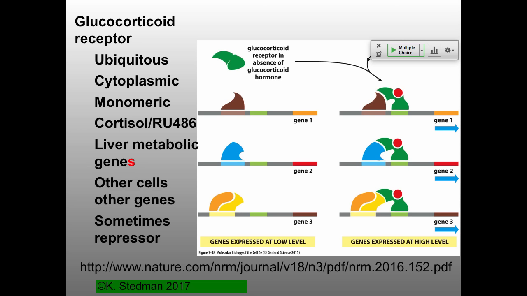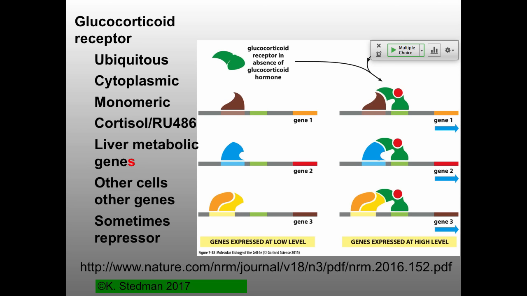But their take-home message from the paper is that the glucocorticoid receptor by itself is really kind of serving as a scaffold for getting lots of other things to associate with it. And it turns out that there are thousands of other things that are going to be associated with it.